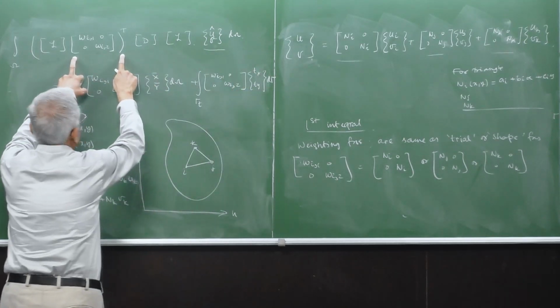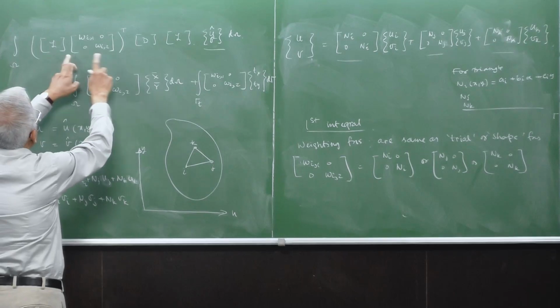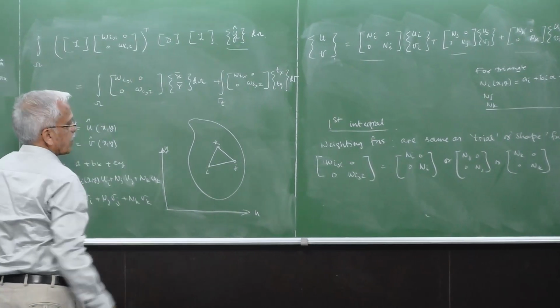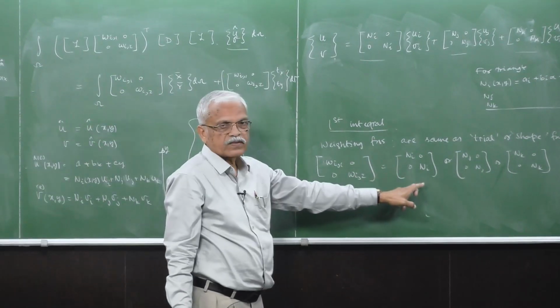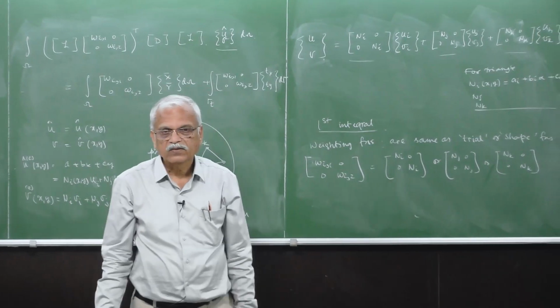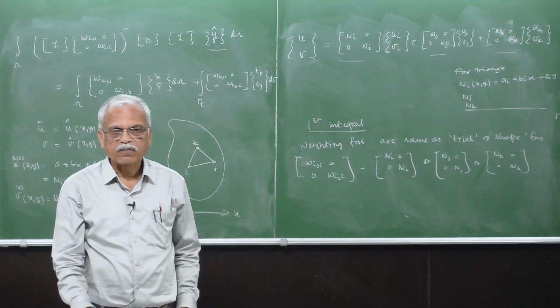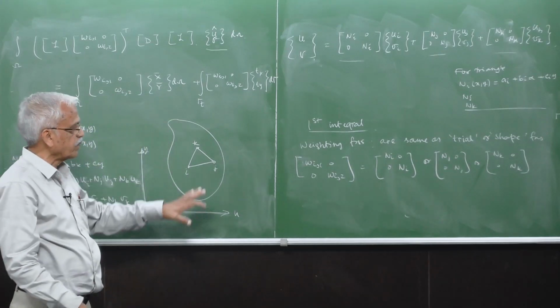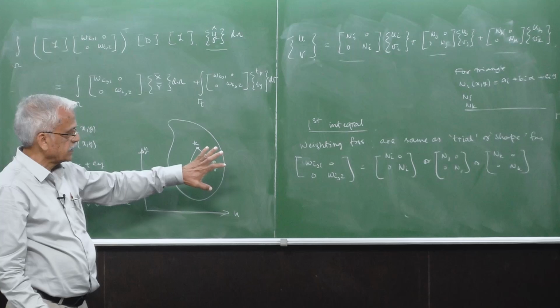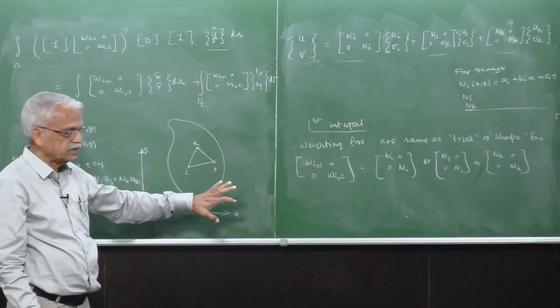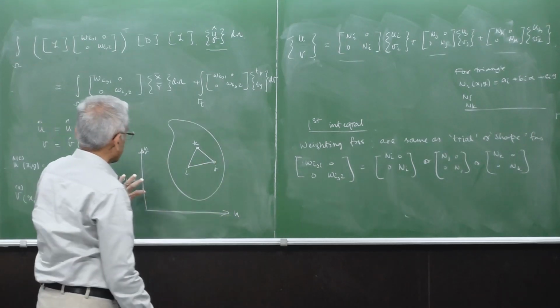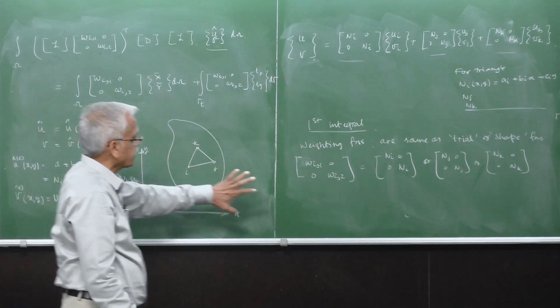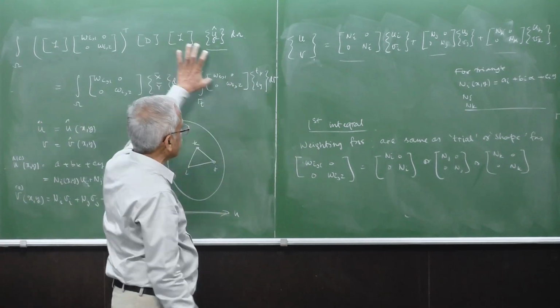So this will have just that 2 by 2 component, and then this L has to operate on Ni. Okay, so let us see how L operates on Ni in our next lecture. For the moment, we'll just pause here and continue in our next lecture from this set of equations.